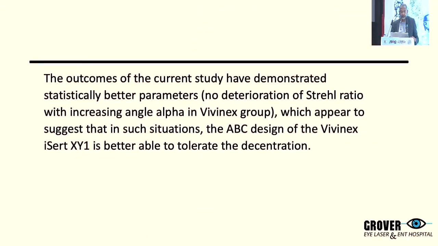The outcome of this current study demonstrated statistically better parameters, with no deterioration of the Strehl ratio with increasing alpha in the Vivinex group. This suggests that in situations where the angle alpha is large or there is a chance of decentration of the lens, like in subluxated lens or weak zonules, one can choose this lens to have a better tolerance to decentration of the lens in terms of quality of vision.